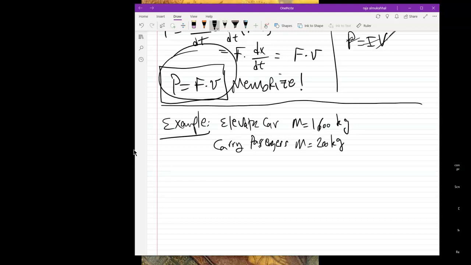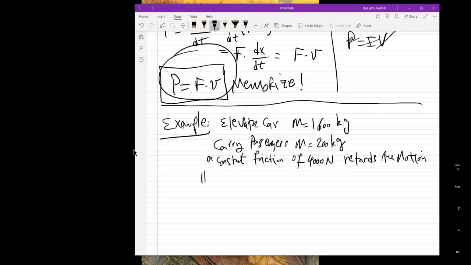That must be at least 2 people. 200 kilogram, okay. A constant friction of 4,000 Newton retards the motion. Okay, retards the motion.